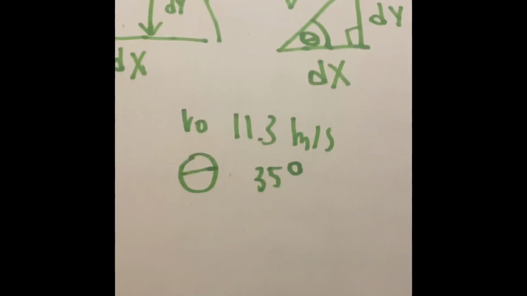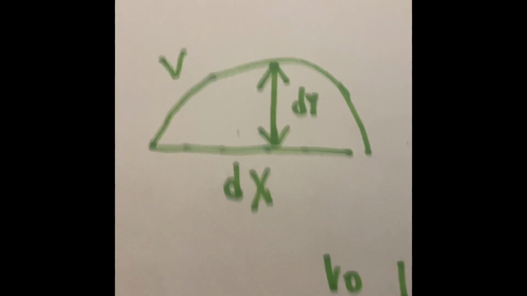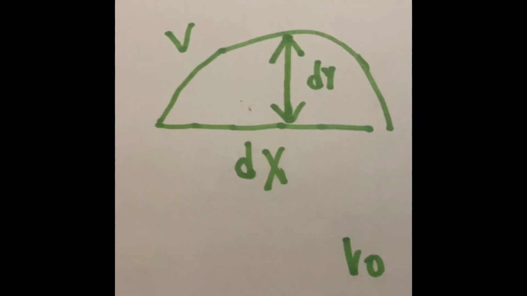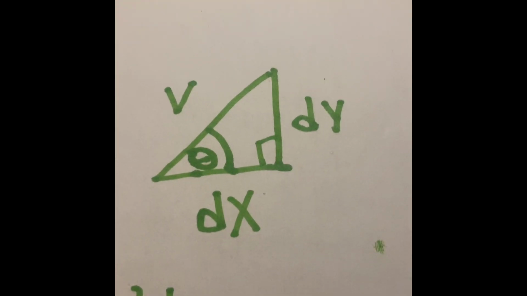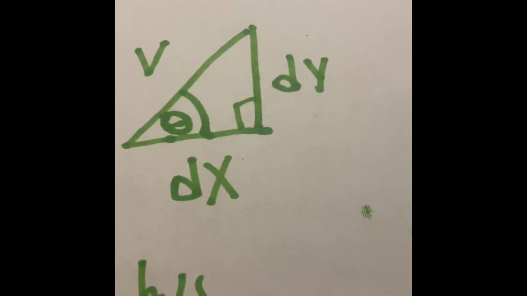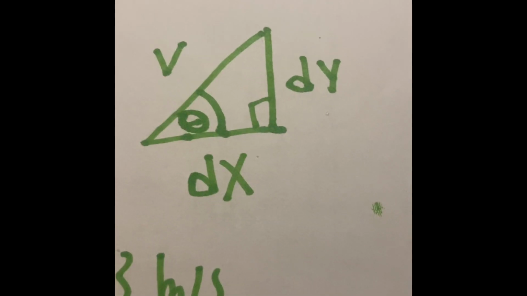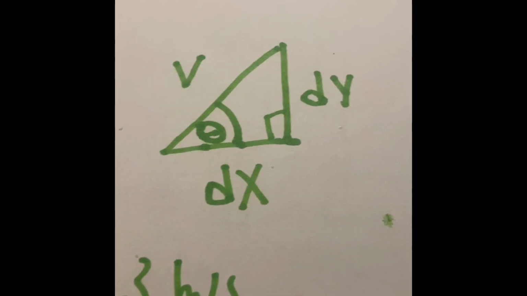So if we measure this as a trajectory, we have to look at it as a right triangle. We've got to find out what our dy and our dx are, because that information is going to help us find the flight time and the max altitude of the object.